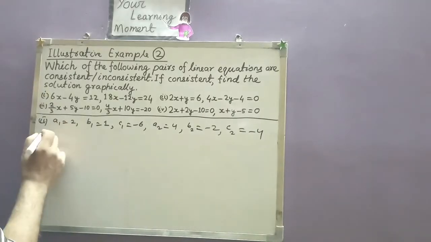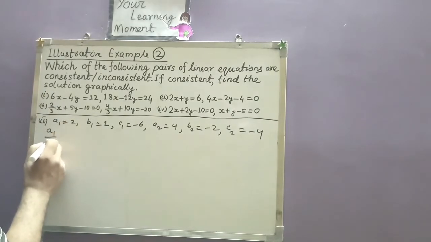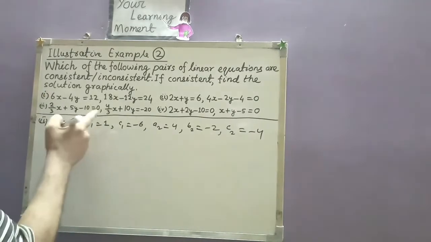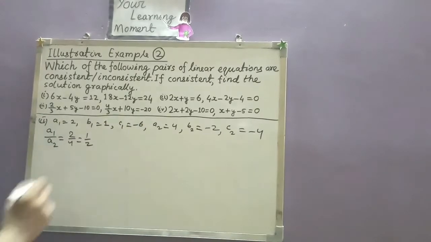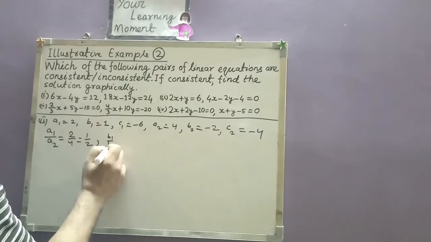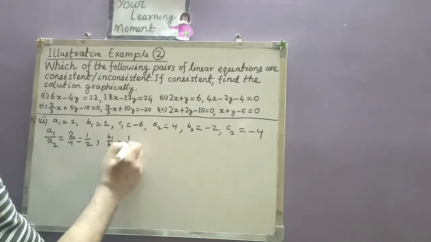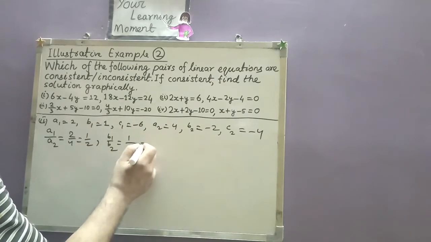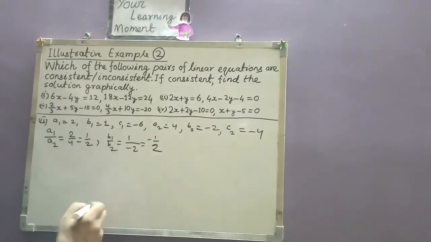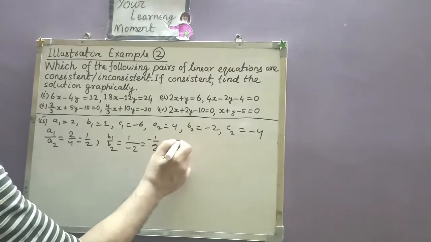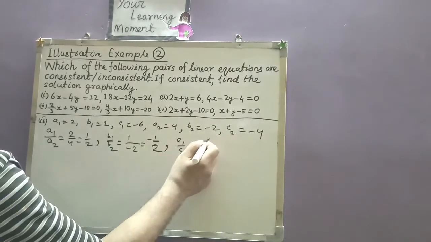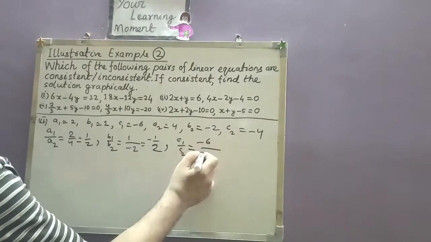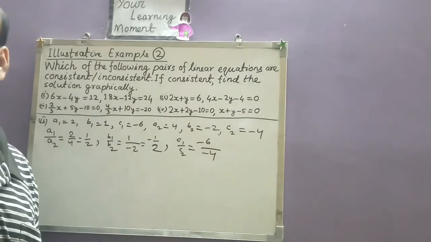Now find the ratios a1 upon a2, 2 upon 4, that equal to 1 upon 2. Then b1 upon b2, 1 upon minus 2, that's equal to minus 1 by 2. Then c1 upon c2, minus 6 upon minus 4.